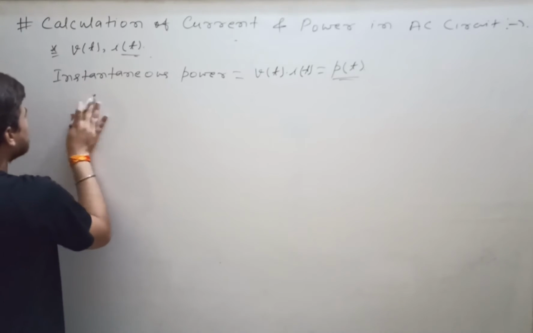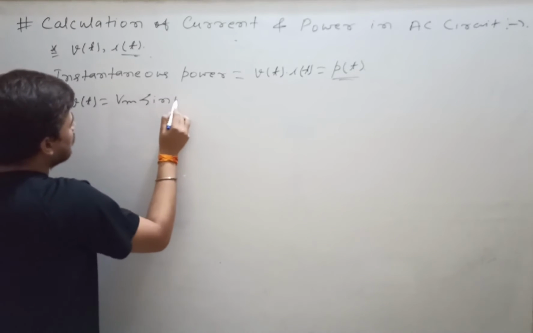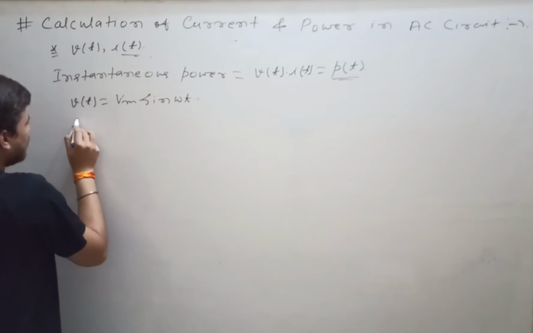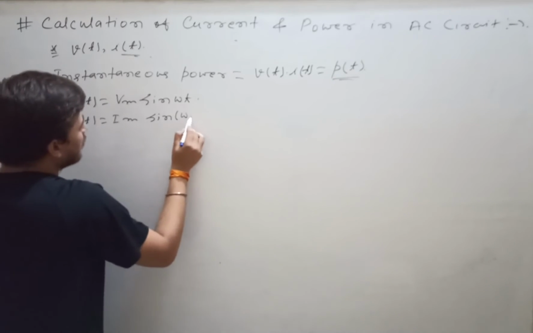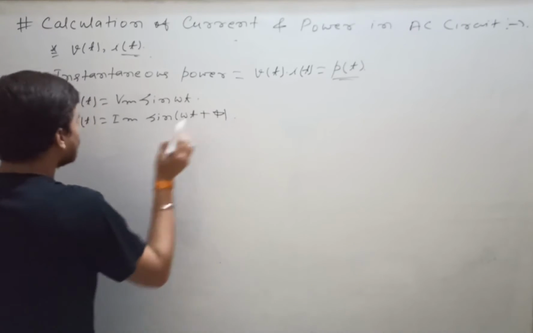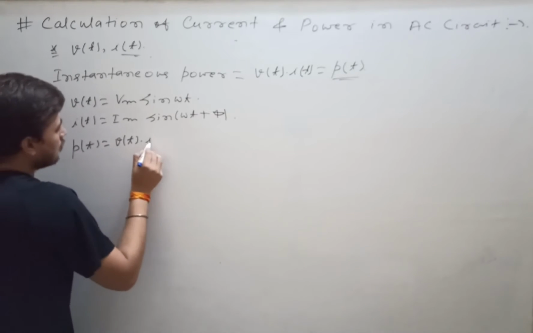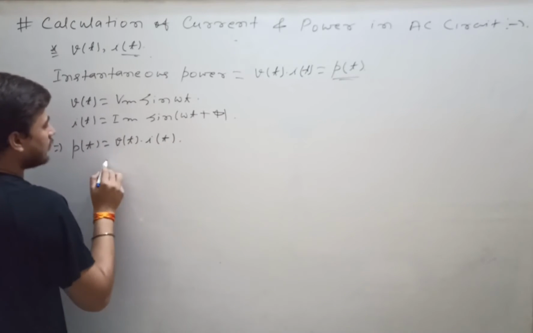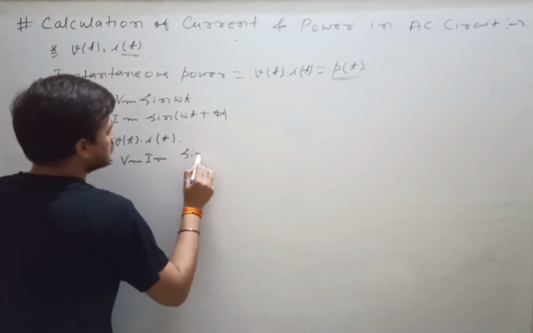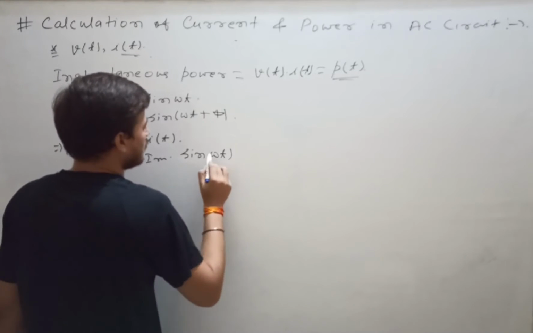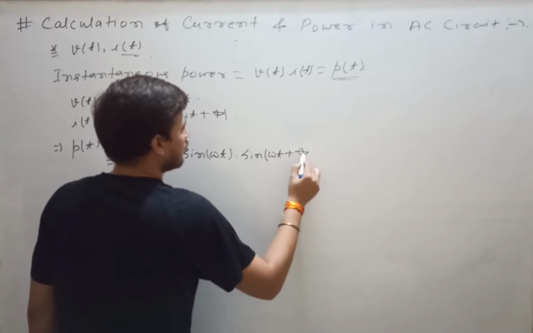Suppose you have v(t) equal to Vm sin omega t and i(t) equal to Im sin(omega t plus phi). Then instantaneous power p(t) will be equal to v(t) into i(t), so here it will be Vm Im into sin omega t into sin(omega t plus phi).